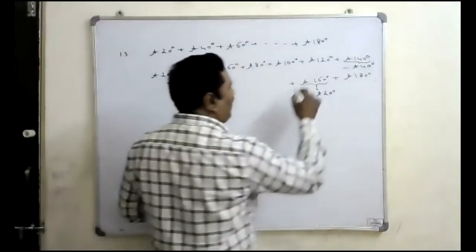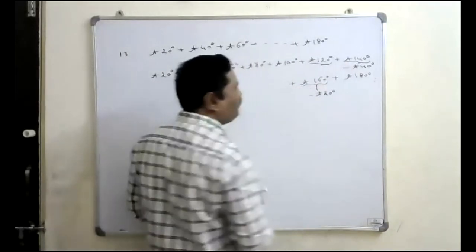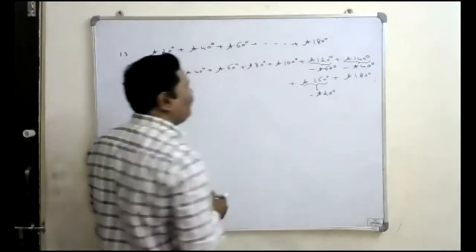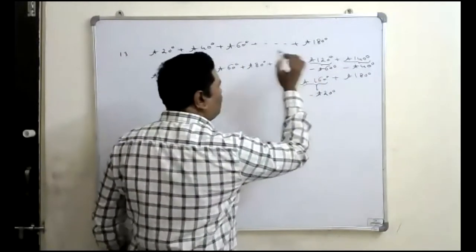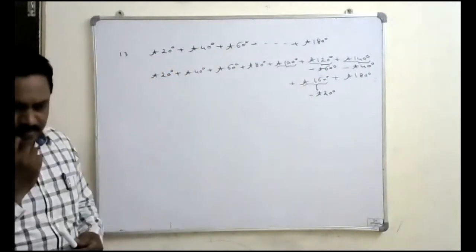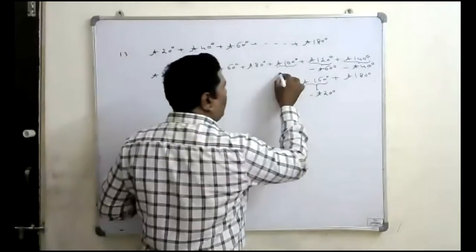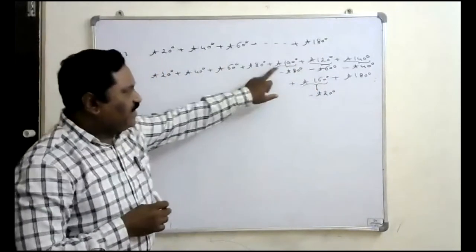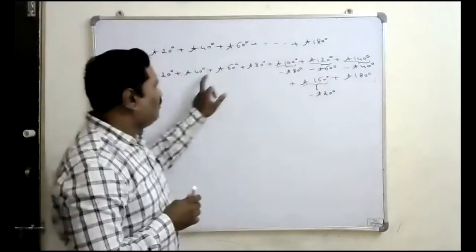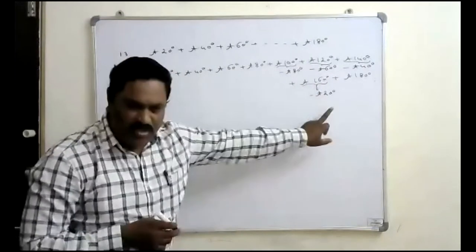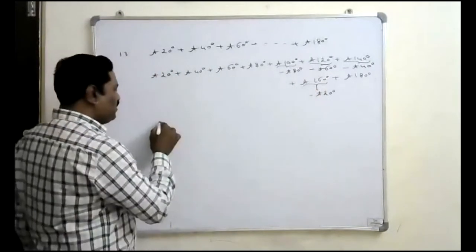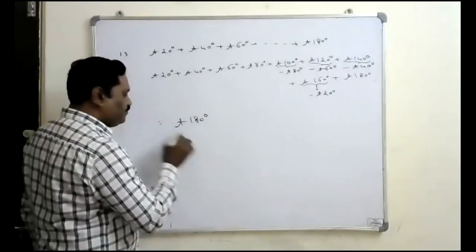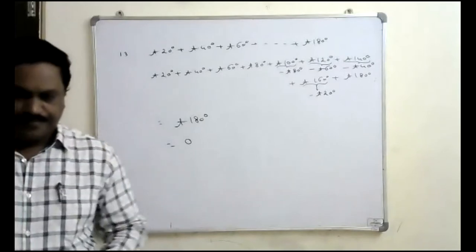Similarly, tan 120 is also equivalent to minus tan 60. And tan 100 degrees is also equivalent to minus tan 80. So observe that tan 80 gets cancelled, tan 60 gets cancelled, tan 40 gets cancelled, tan 20 also gets cancelled. Only the remaining is tan 180. What is the value of tan 180? 0.